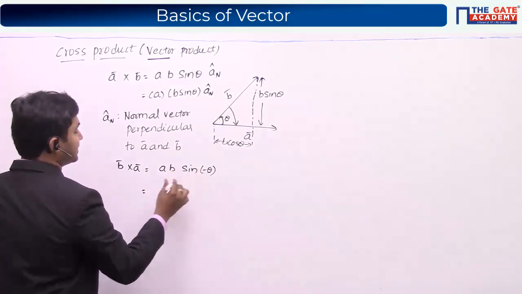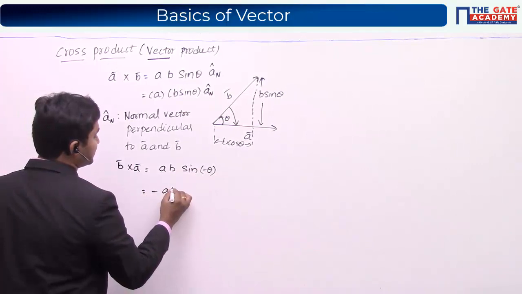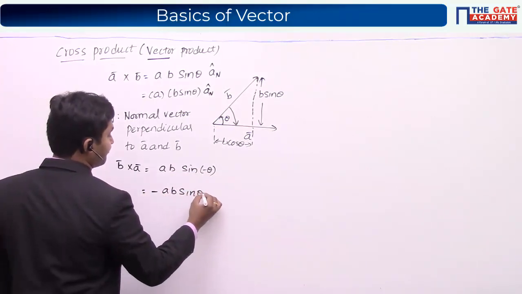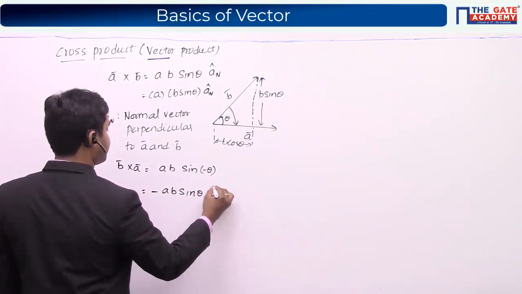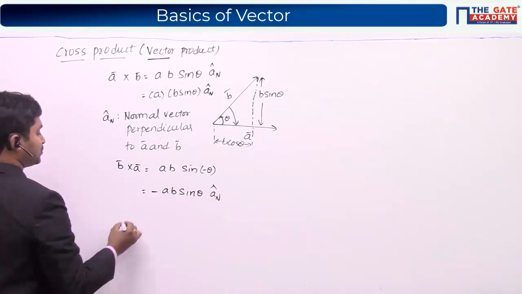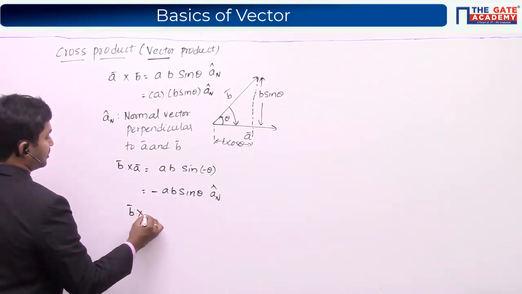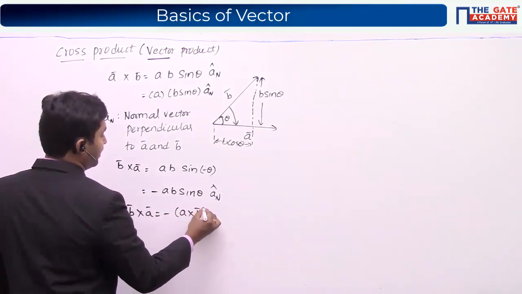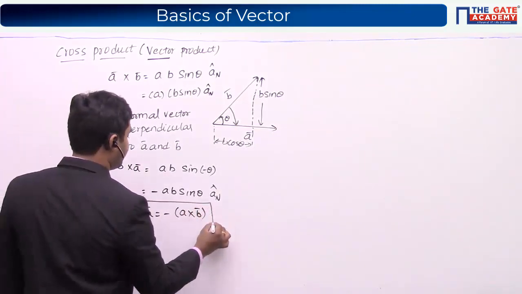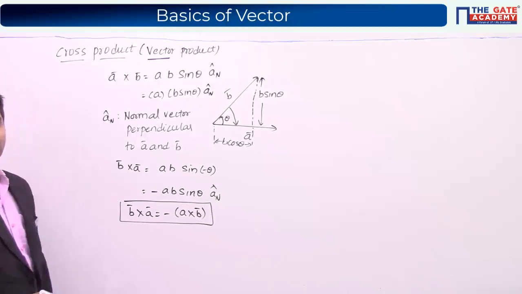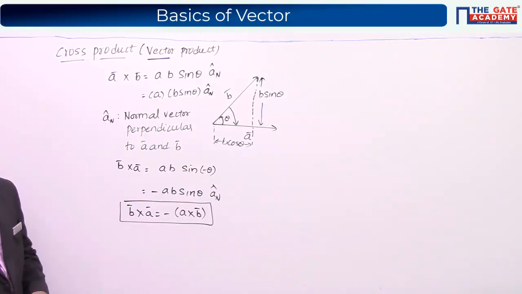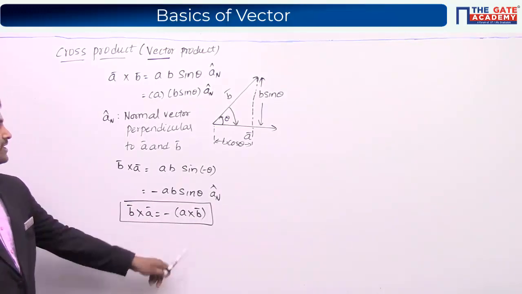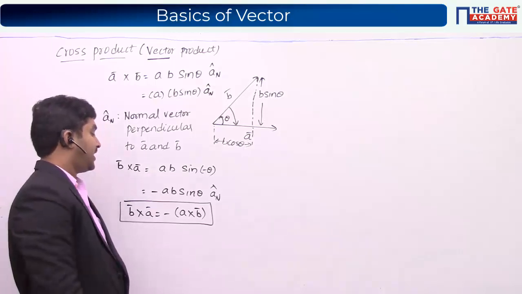The sine of minus theta is nothing but minus sine theta, so minus AB sine theta. So we can say that B bar cross A bar will be equal to minus of A bar cross B bar.